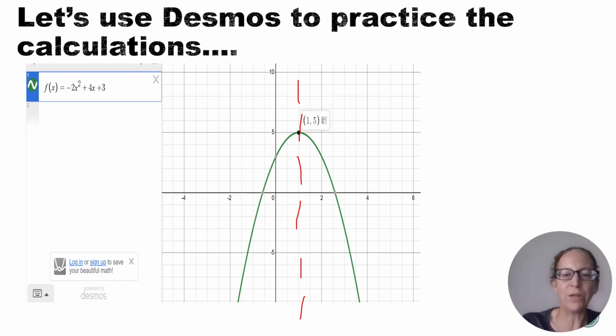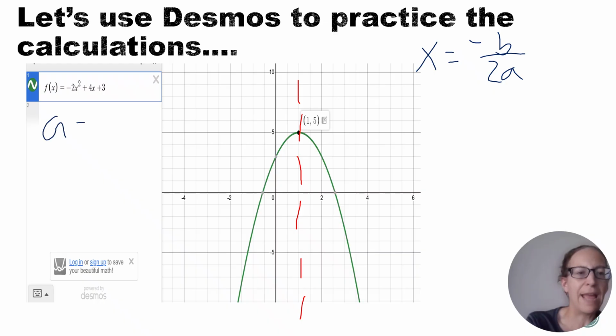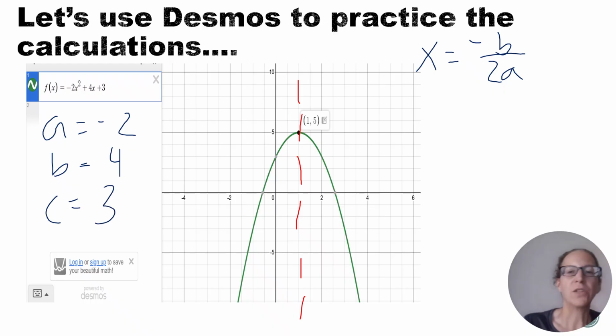Now, here's where we use the formula. So if we're asked to find the axis of symmetry, we know the formula is the opposite of b over 2a. Now, coming over here, a is equal to -2, b is equal to 4, and c is equal to 3. So the opposite of b is, well, in this case, b is 4.